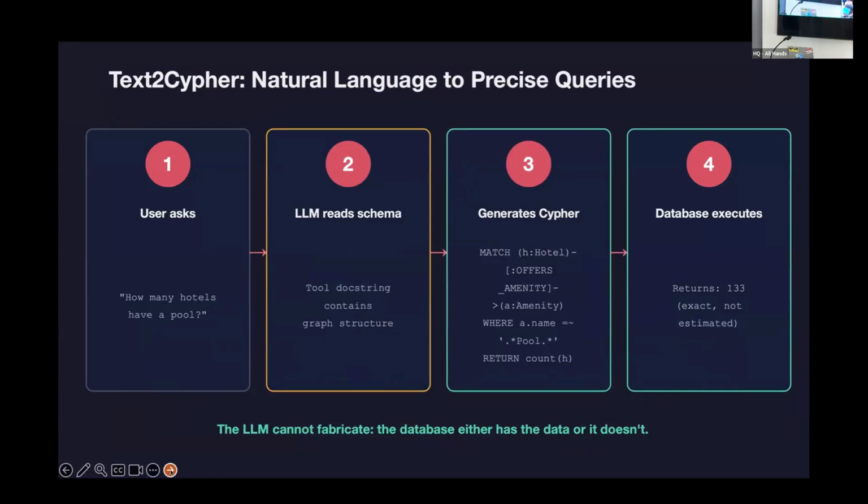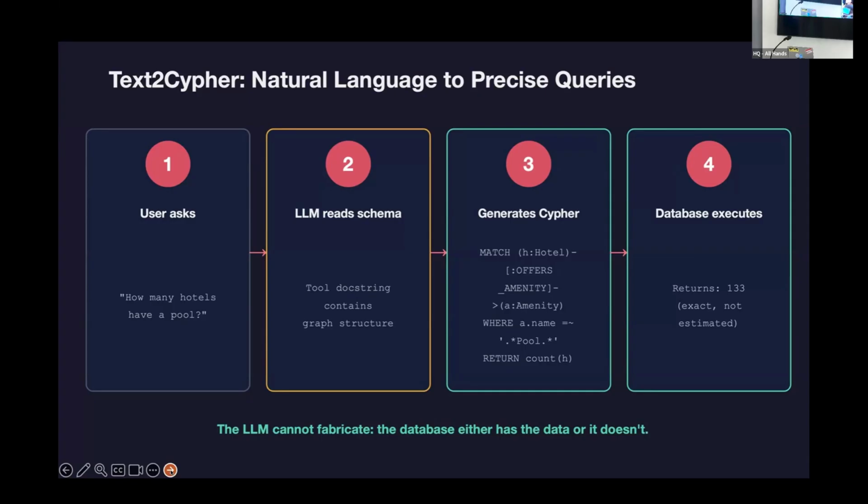So this is how the tool that I'm going to build works for the GraphRAG. I have my query, and I use the LLM to read the schema. The query is: how many hotels have a pool? So I use the graph schema that has the structure, and then I build a Cypher query.